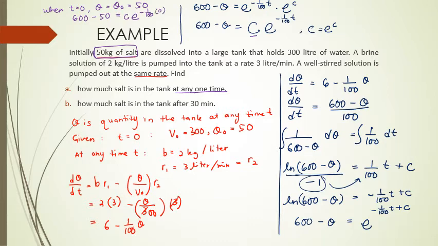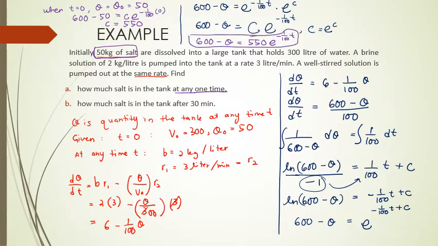Okay, so ni 0 C lah. So C is equal to 550. Right. So we get the new equation 600 minus Q equal to 550 exponent negative 1 over 100 T. Okay. So ni yang baru.